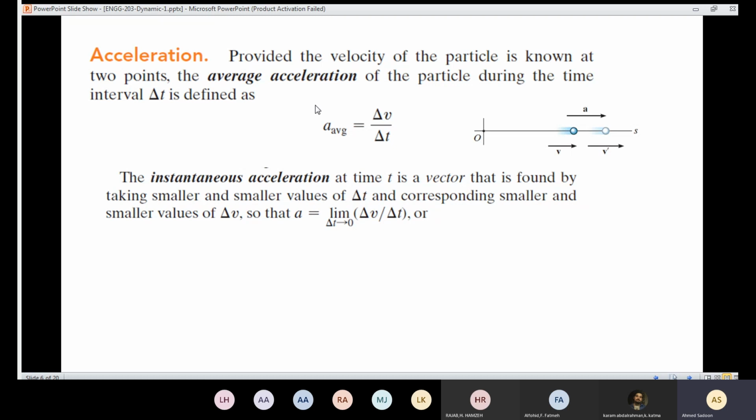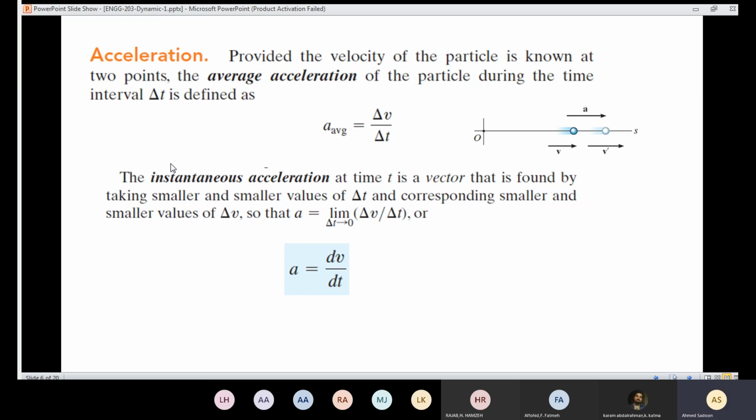In that case, we are going to say that the instantaneous acceleration is the limit, when delta t goes to 0, of delta v over delta t. And we know from calculus that this value is dv over dt.